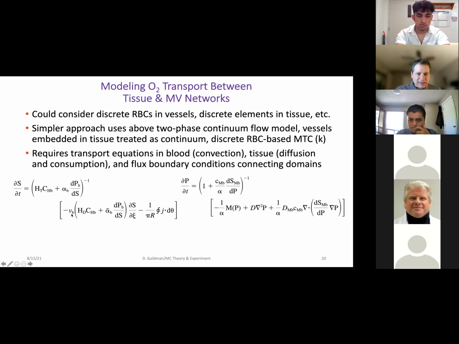This is the blood velocity. So velocity times a gradient along the vessel. So that's the main convective transport term. And then this is the wall flux J. So as a vessel flows along, whether it's an arteriolar or a capillary, it loses oxygen through the wall. And so that term takes care of that. And then this is time dependent, but for most problems, you can just get a steady state solution. So you set this to 0.